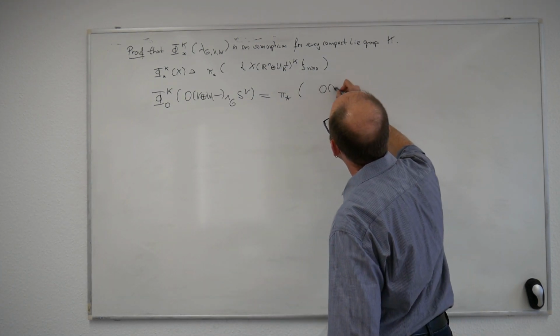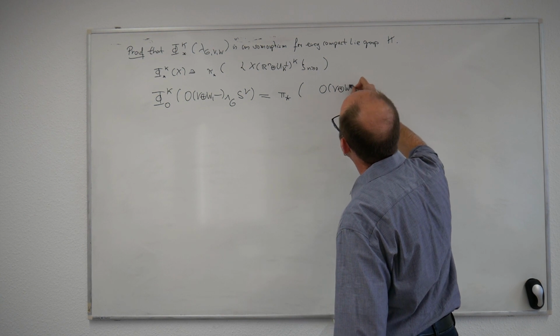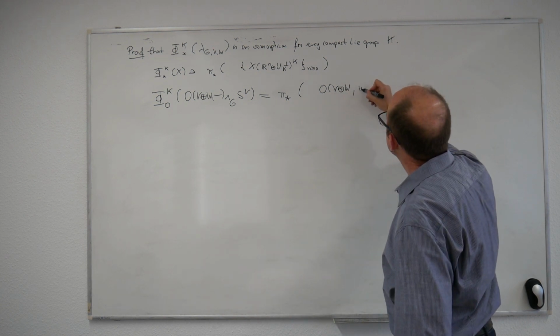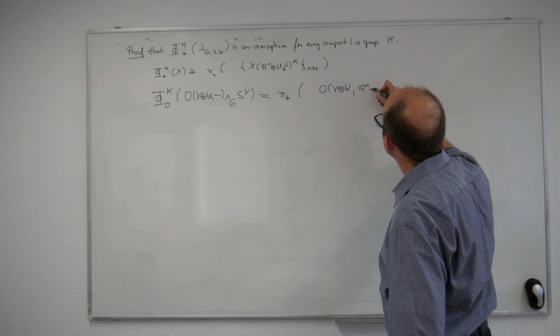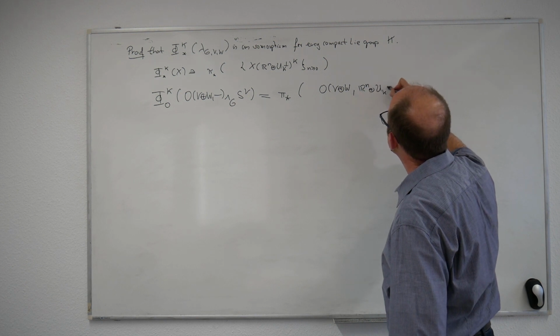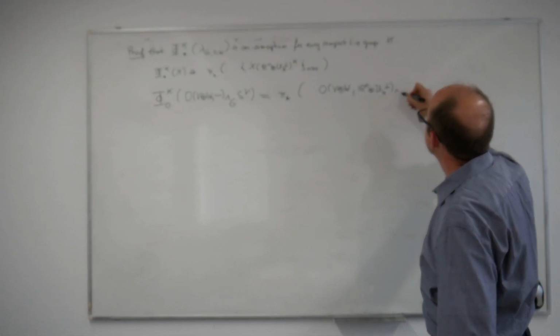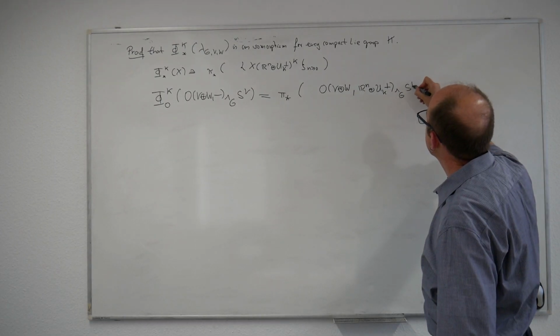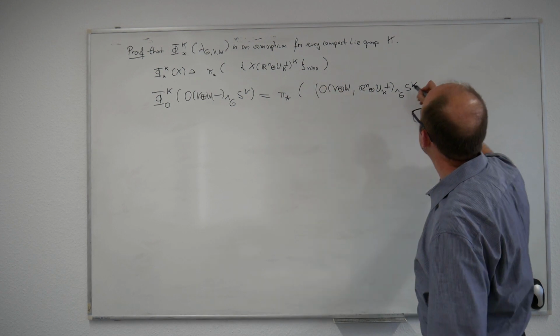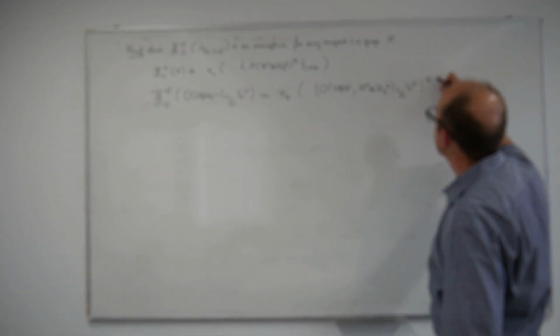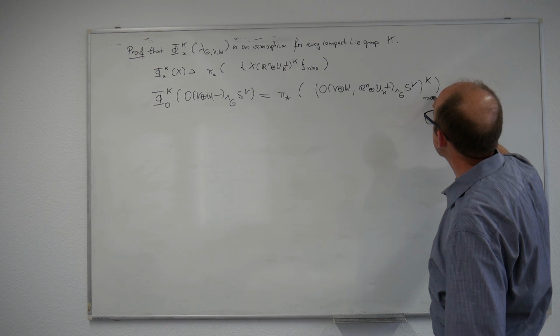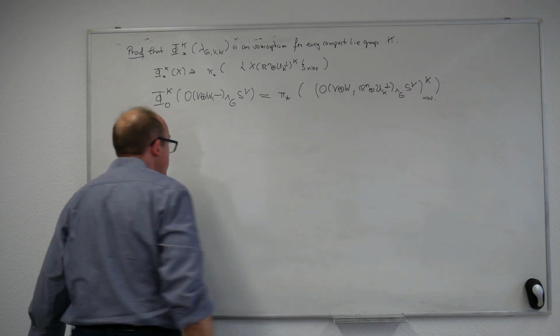It's O of V plus W evaluated at Rn direct sum UK perp smashed over G with SV, and then the whole thing taking K fixed points outside, and this runs for n greater or equal to 0.